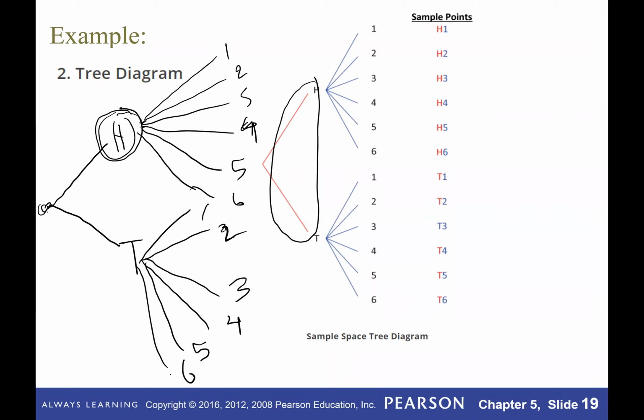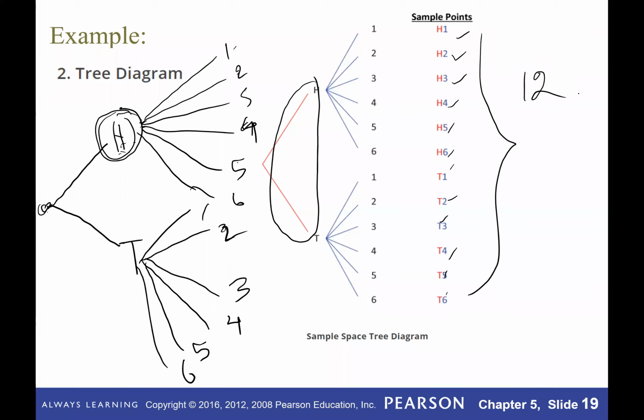Now you can list all the outcomes: H1, H2, H3, H4, H5, H6. So this is our all possible outcomes. How many outcomes total do we have? We have total 12 outcomes here. So this is the sample space in this case.